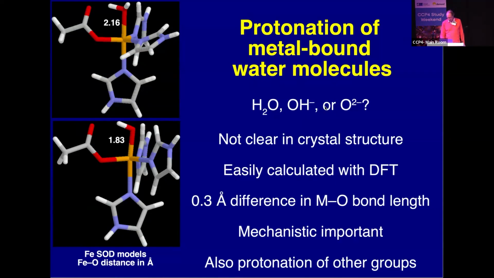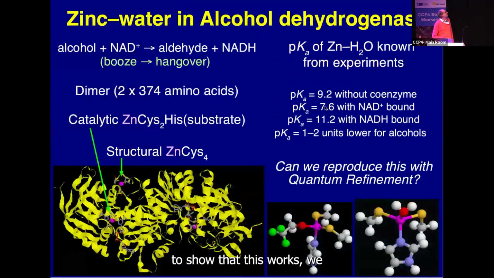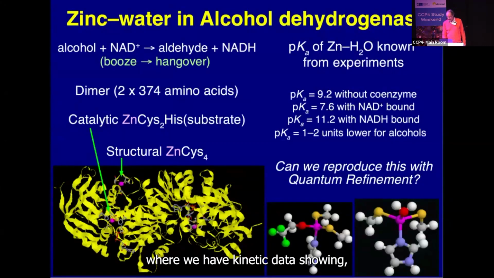once you know what it should be with the different ligands. To show that this works, we took alcohol dehydrogenase, where we have kinetic data showing the pKa value of the metal-bound molecule. Alcohol dehydrogenase contains a zinc ion with two cysteines, one histidine, and then a solvent molecule or a substrate molecule.